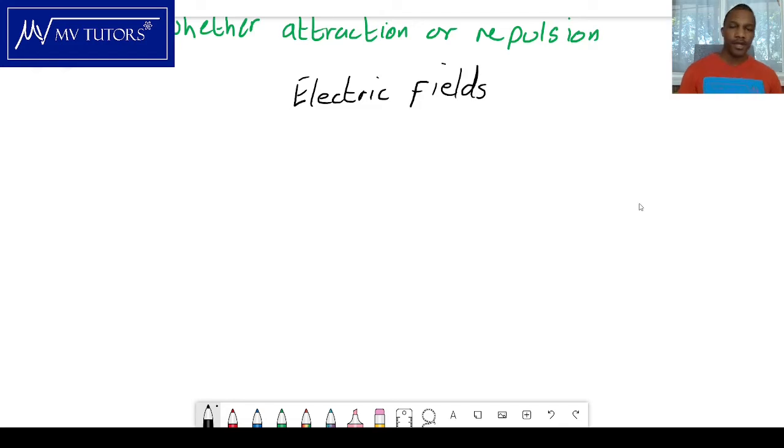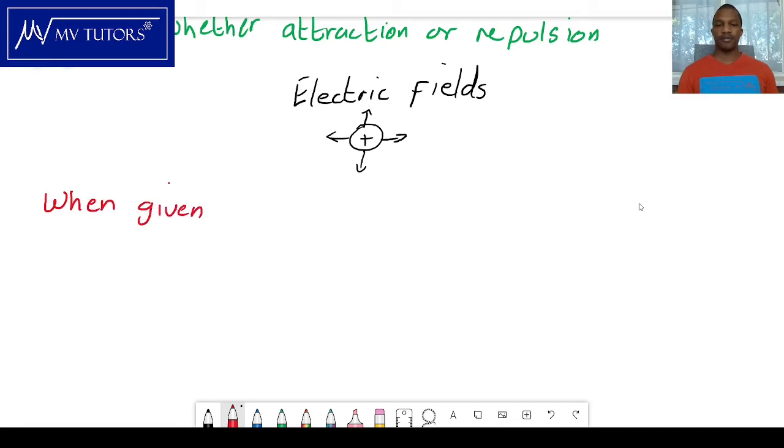Sometimes they give you a point charge, maybe a positive charge, and we know the field goes away from it. Remember these arrows are for electric fields. To calculate the electric field, it depends on what you're given.